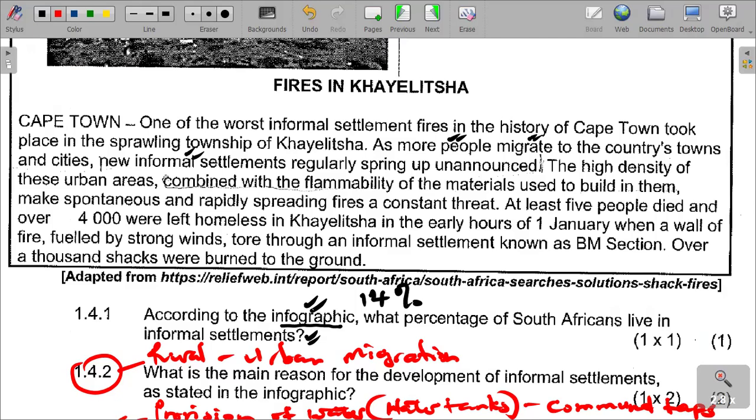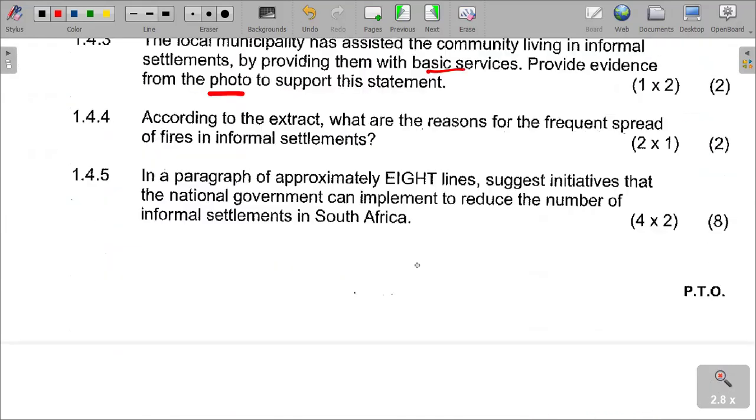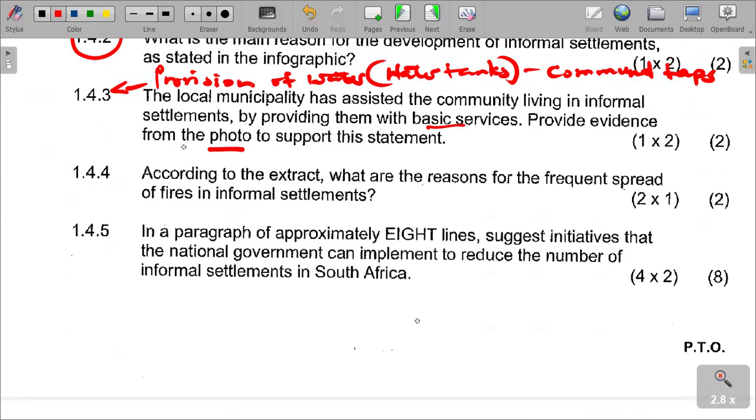We said that the high density of these urban areas, combined with the flammability of the materials used to build them, makes the fire spread spontaneously and rapidly. So the reasons causing the frequent spread of fire are, first, the high density of the houses.